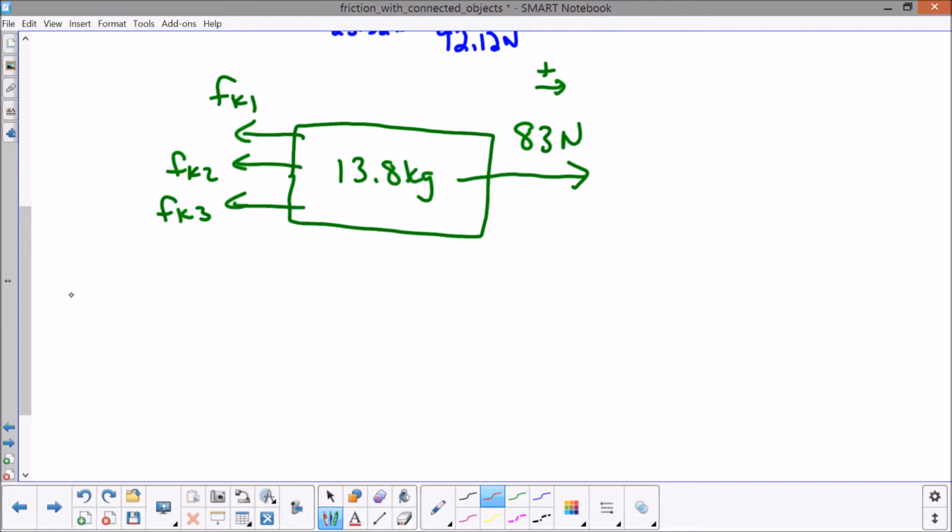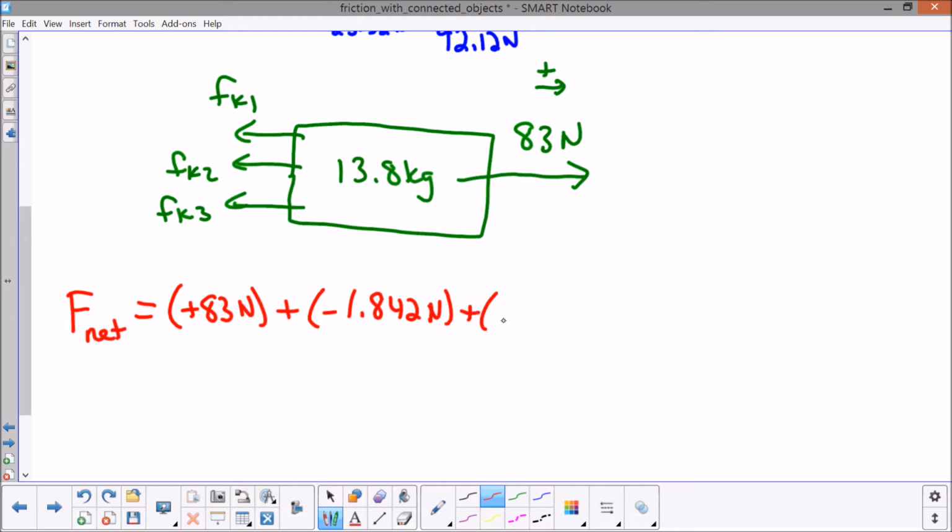So then we need to look at the net force on that system. So the net force on the total system is positive 83 newtons. And then I need to add the 3 friction forces. Each one of them is going to be negative. So I have friction force 1, which is going to be negative 1.842 newtons. I have friction force 2, which is negative 2.211 newtons.